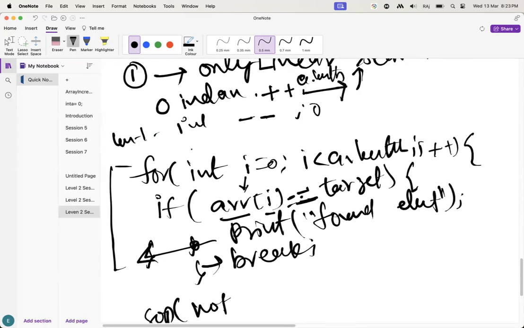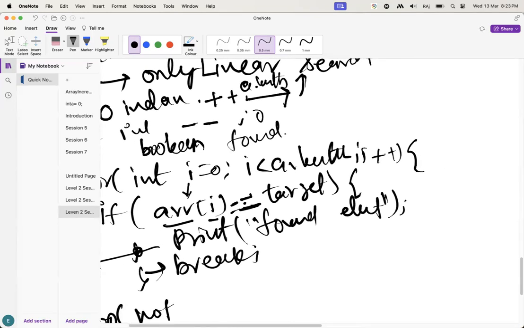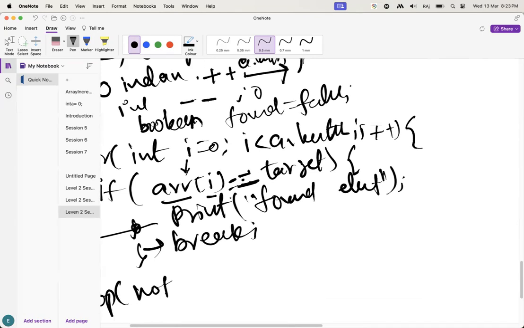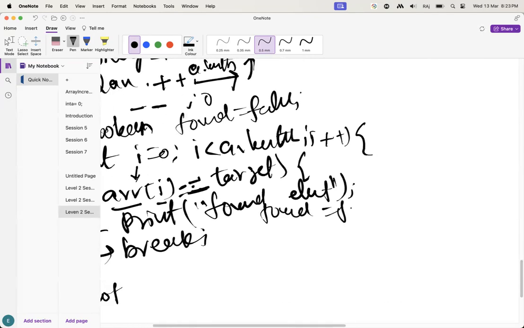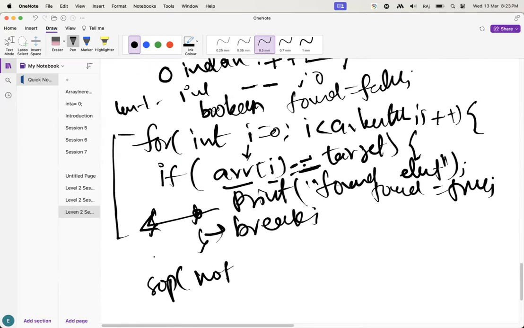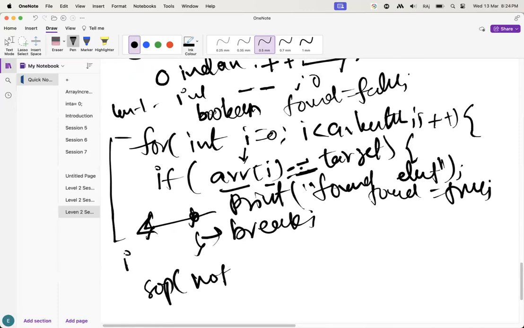We have to take one Boolean value initially. Guys, these are very important things. Boolean found equal to false. Once we find the element, we write found equal to true. After the for loop, we just check whether the Boolean value has been changed to true or not.